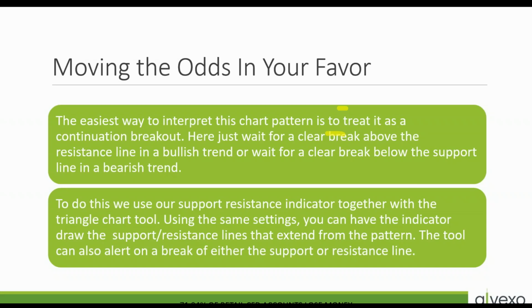So the easiest way to interpret a chart pattern is to treat it as if it was a continuation breakout. Just wait for a clear break above or below the support or resistance line.